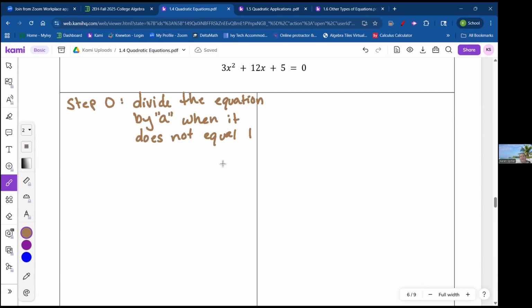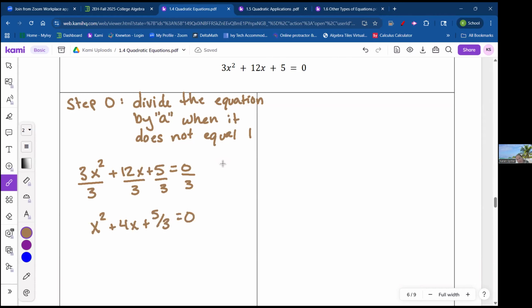In this case, I need to divide by 3. So I have 3x squared plus 12x plus 5 is equal to 0. And I have to divide everything by 3 because A is 3. So I'm left with x squared plus 4x plus 5 over 3 is equal to 0.